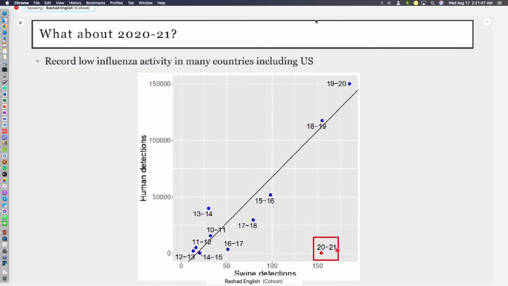Indeed, we have close to zero detections of any influenza type in that season in humans, but then we have lots of detections on the swine side, on the level of the 18-19 season, which was one of the most severe seasons overall. If we just judge by this regression line, we would expect that we need a lot of human circulation to explain this point here.